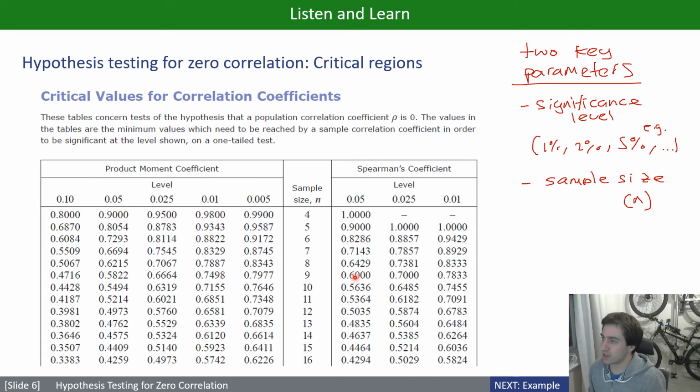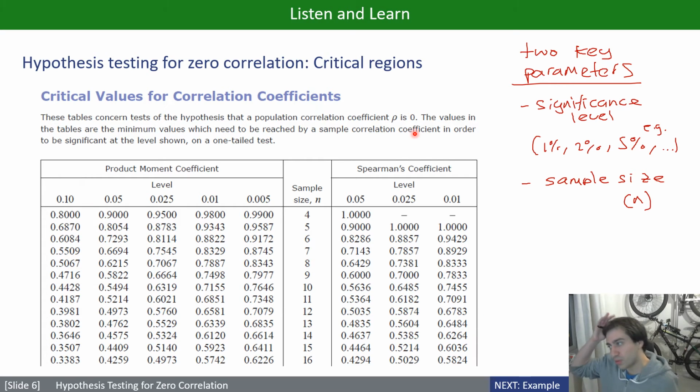Now this part all starts to seem a little bit vague, and it kind of is. The reason it's vague is because when it comes to correlation, the detailed statistics that underlie it are a bit too complicated to be taught at this level. So rather than do all that, you're just going to be given a table. You'll literally say, this is my significance level, this is my sample size, and then you'll look up what the critical value is.